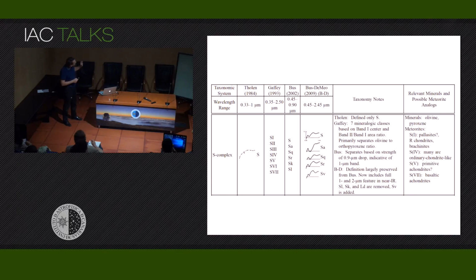And from the meteorite part, you see pallasites, R-chondrites, brachinites, ordinary chondrite-like materials, primitive achondrites, basaltic achondrites. It's a long story, and if you go to meteorites that have been actually characterized in the laboratory, it becomes extremely challenging actually to follow the classification and analysis of the materials there.